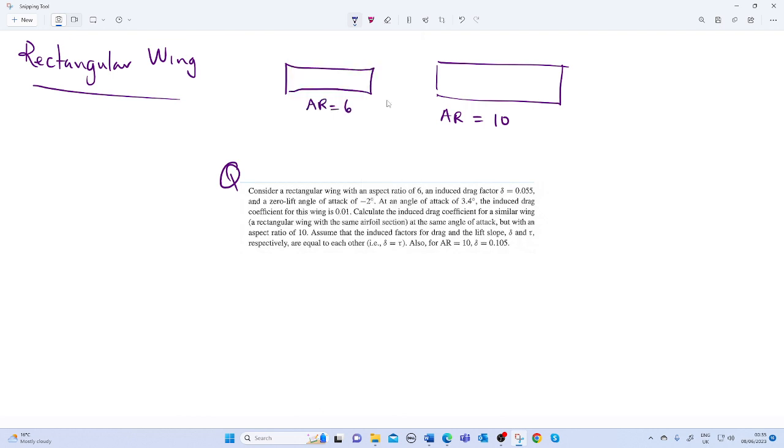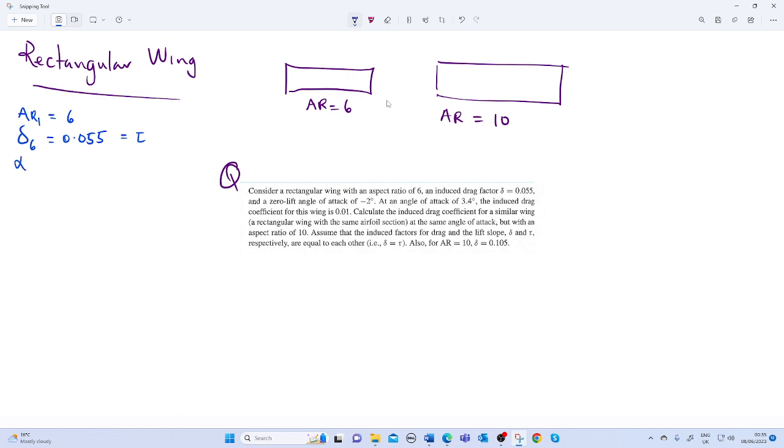We were told that the aspect ratio of the first wing equals 6, the delta for the smaller wing, which is the one with the aspect ratio of 6, equals 0.055, which also equals the tau.